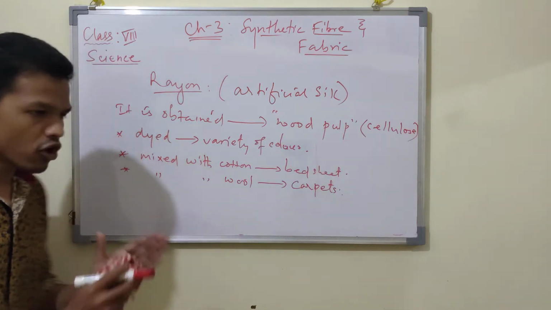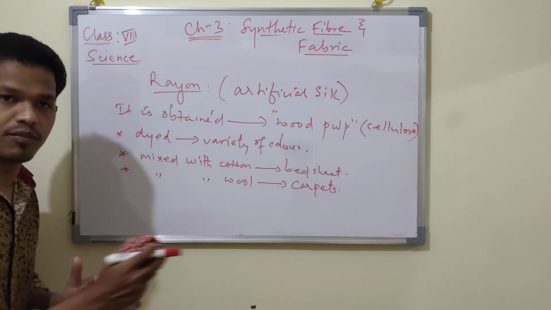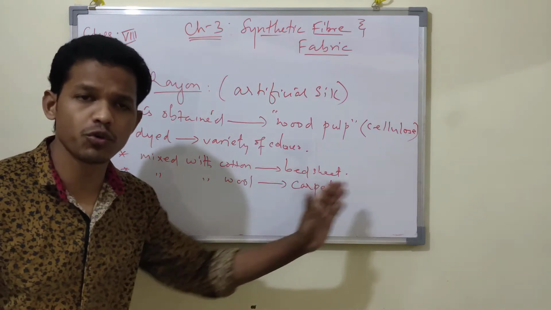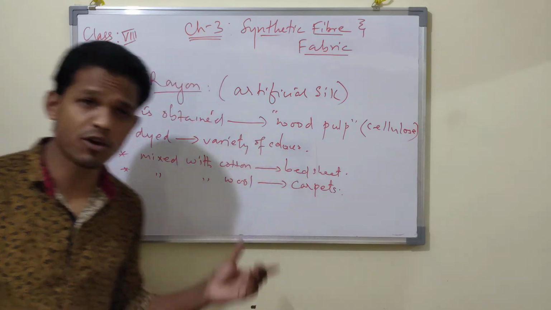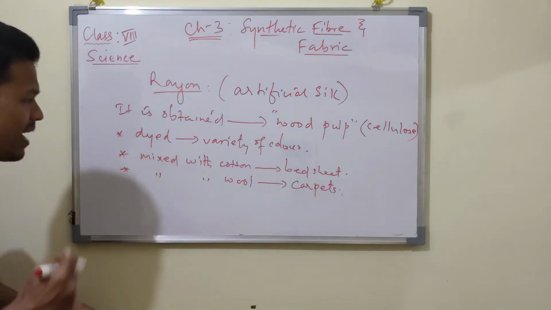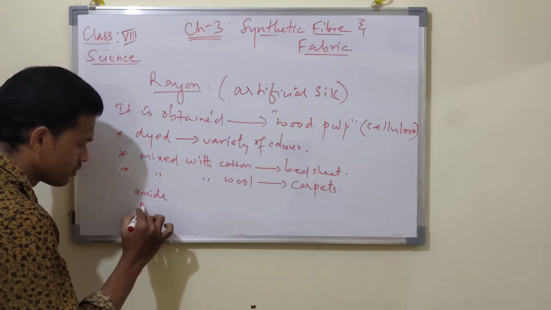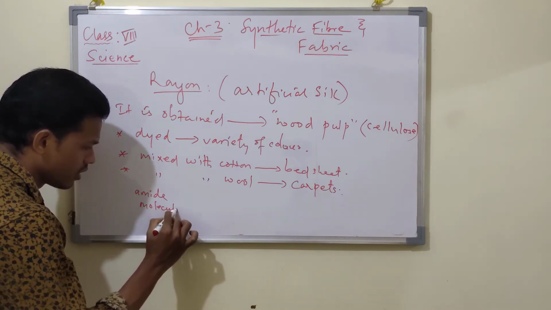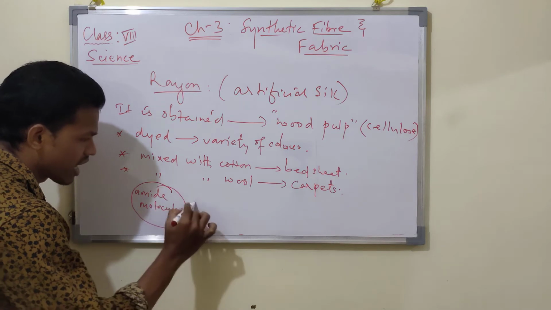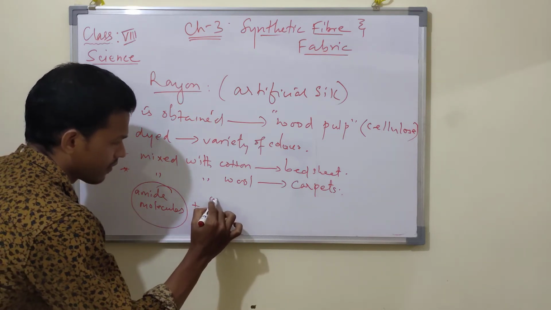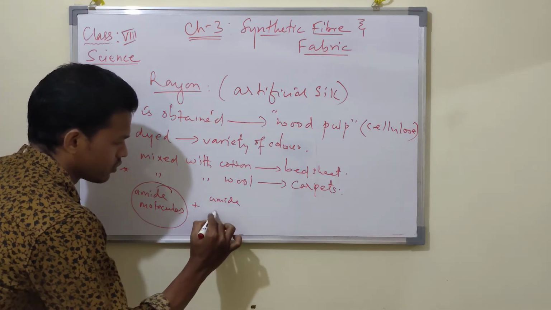Here what happened? What are the monomers required to chemically process to make a polymer? Here the monomers are amide molecules.